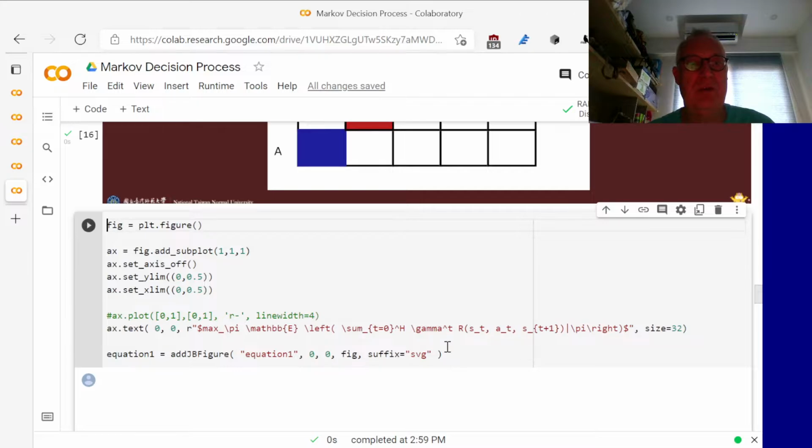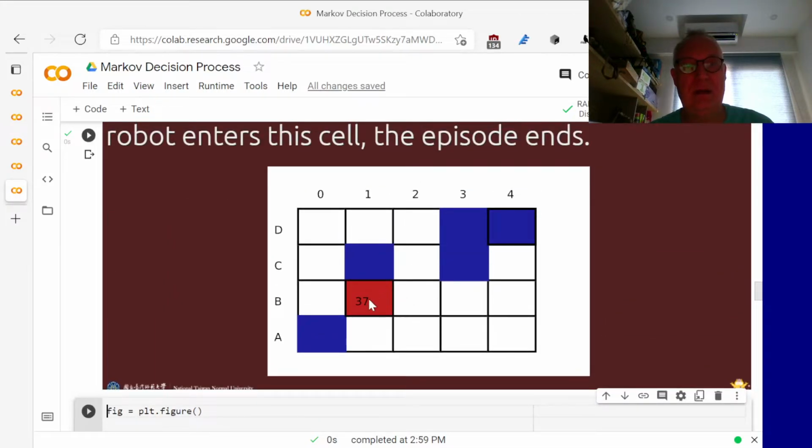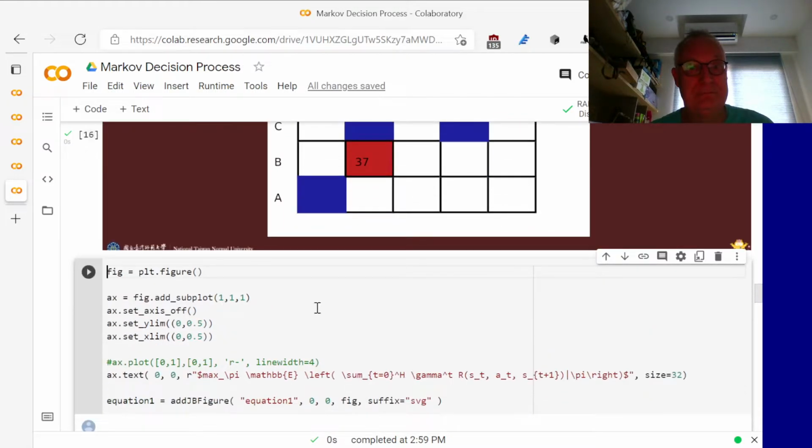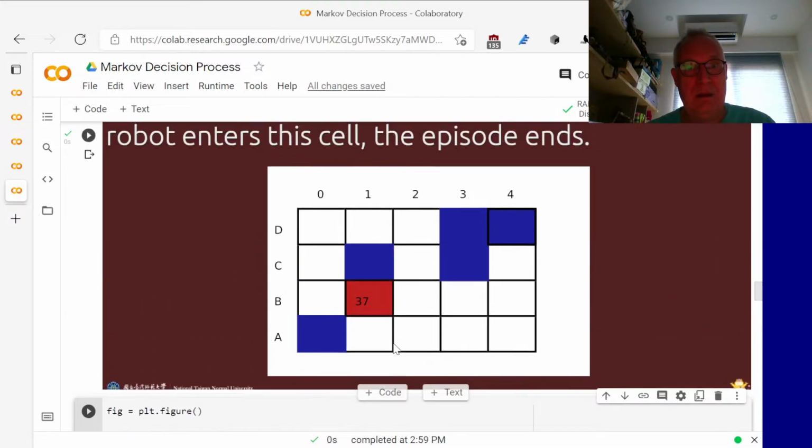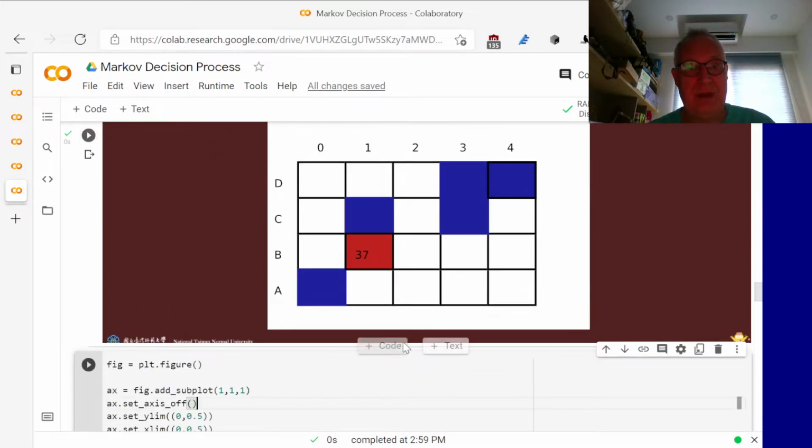So now we have an environment here. If we reach B1, we get $37. Anywhere else we go, we don't get any reward.